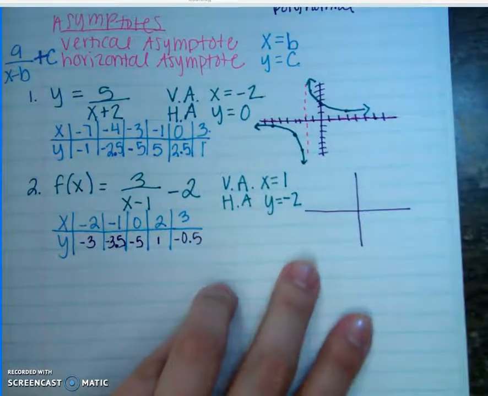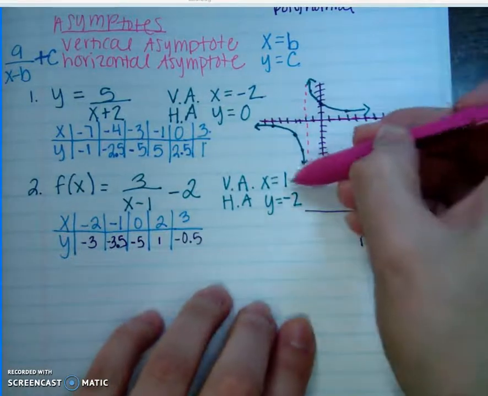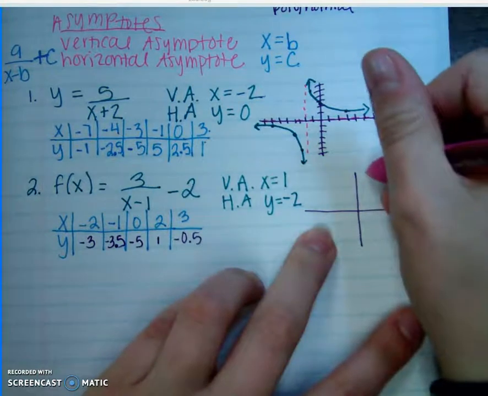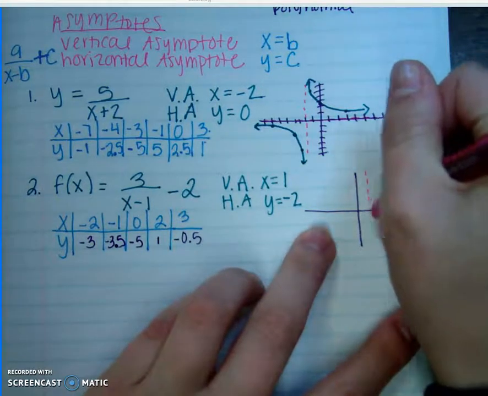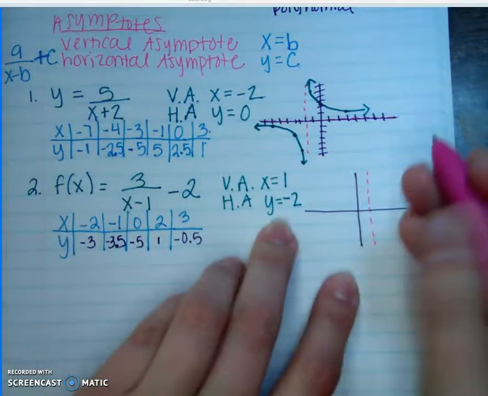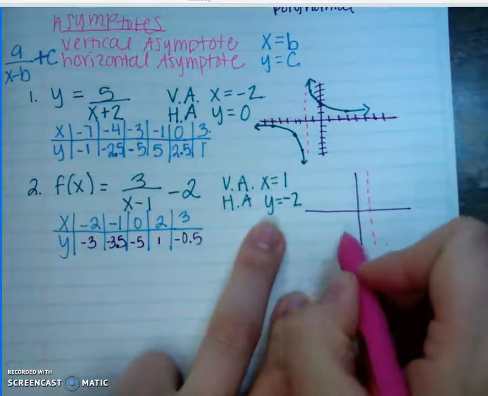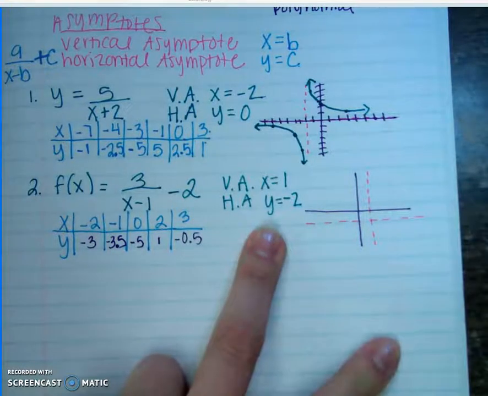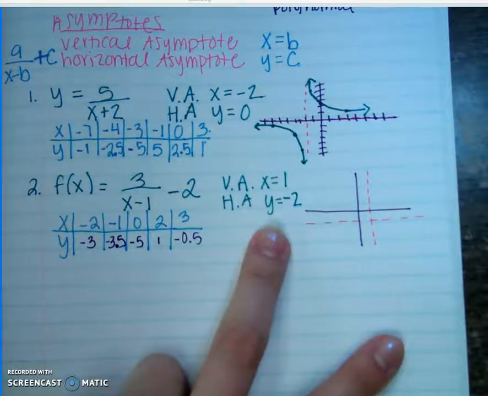The first thing that I'm going to do is mark my asymptotes. X is 1. Okay? And then Y at the horizontal asymptote through the y-axis is negative 2. So something like that. Okay, again, it doesn't have to be perfect.